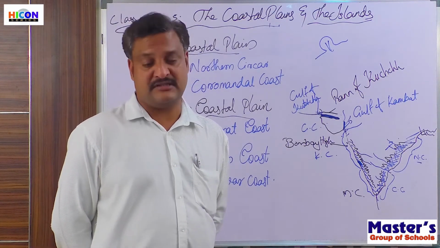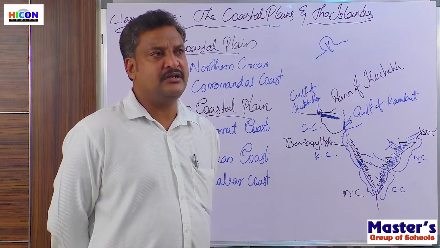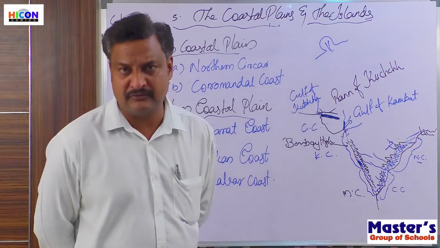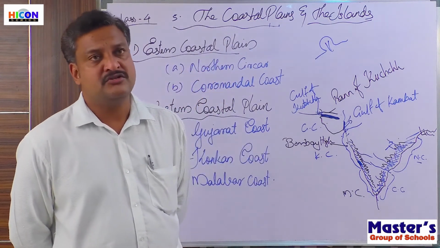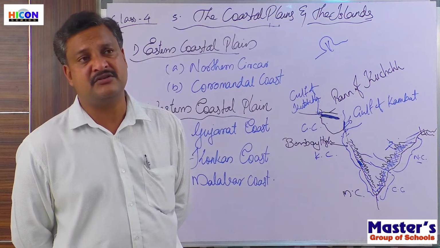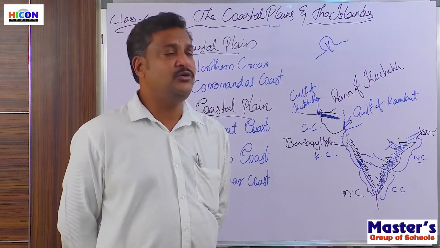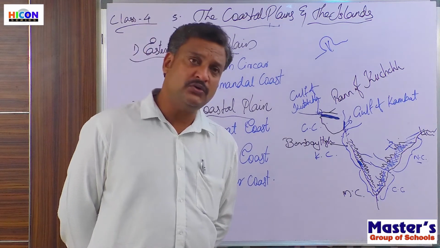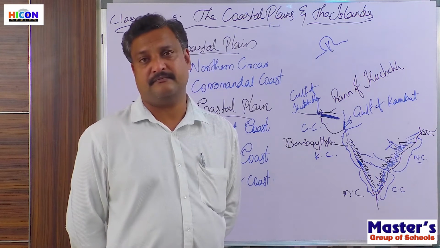Plenty of backwaters are there, and most of these lagoons or backwaters are connected with the sea also, right? So Kerala is a state which has a very good number of these backwaters. A backwater means it's a huge lake which actually is connected with the sea.